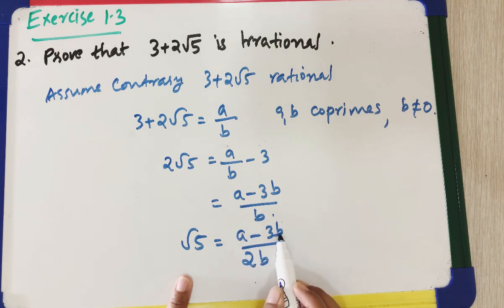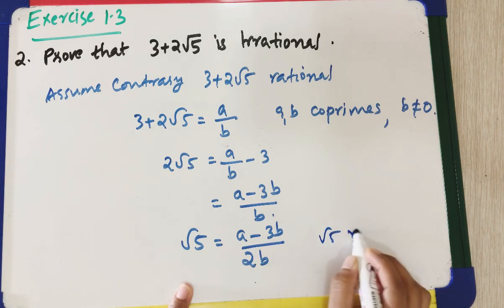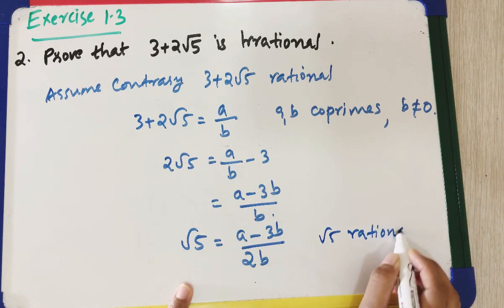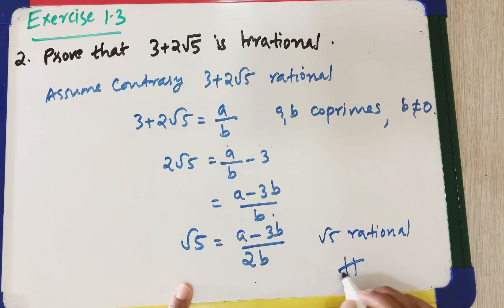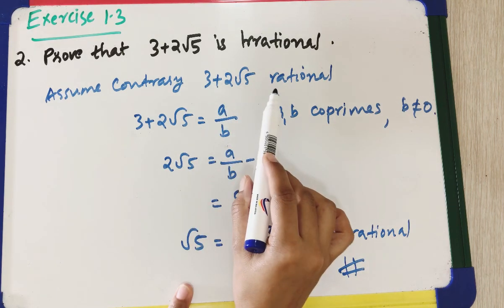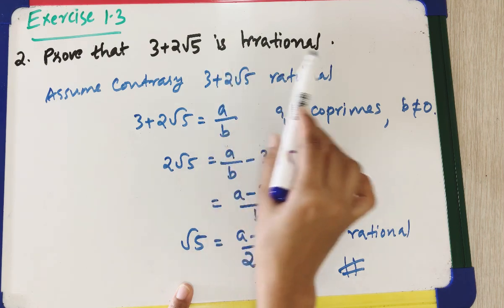Here the numerator is an integer, the denominator is a non-zero integer, therefore this is a rational number. That is, root 5 is rational. But this is a contradiction to the fact that root 5 is irrational. This contradiction is due to our false assumption, hence 3 plus 2 root 5 is irrational.